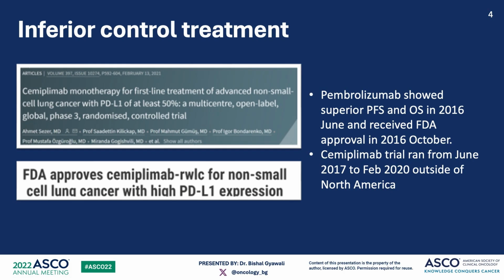For this group of patients, we already knew pembrolizumab was superior to chemo. It improved PFS, it improved OS, and it received approval in 2016. But this trial of a new drug ran from 2017 until 2020. I can't imagine any patients who would have a problem accessing pembrolizumab, not getting any immunotherapy, and getting chemotherapy. But this trial used a control arm of chemo and received approval based on that trial.